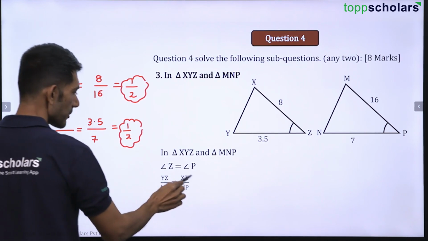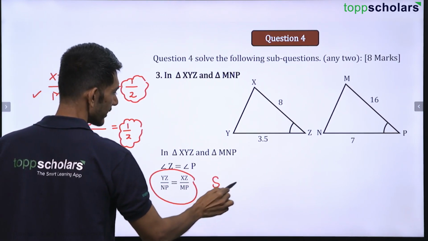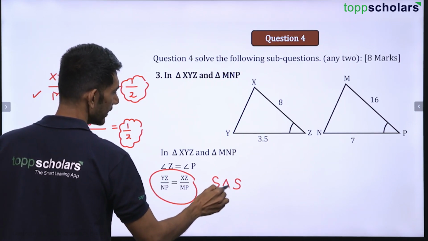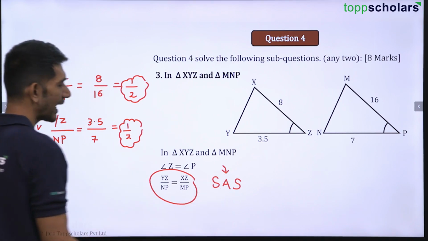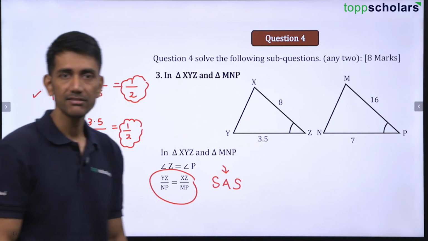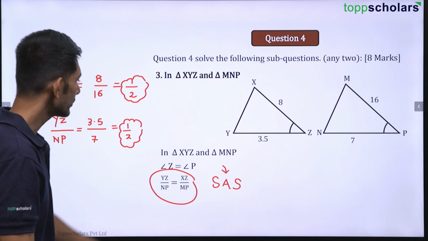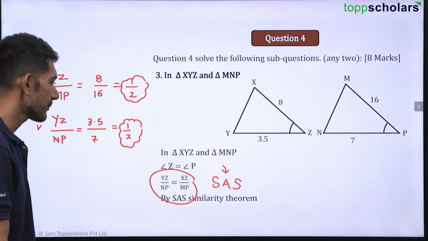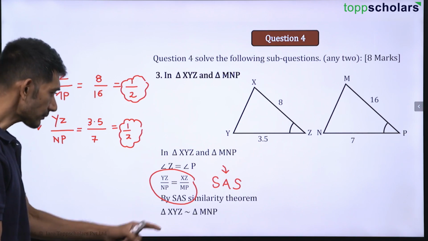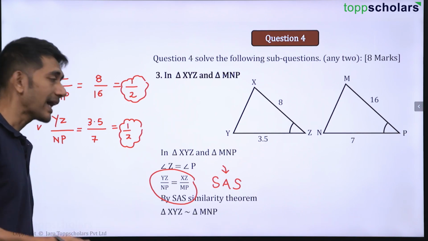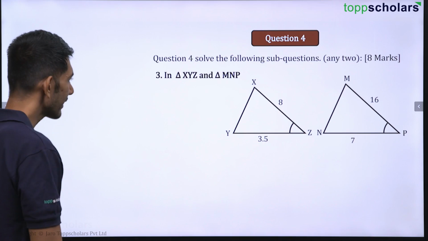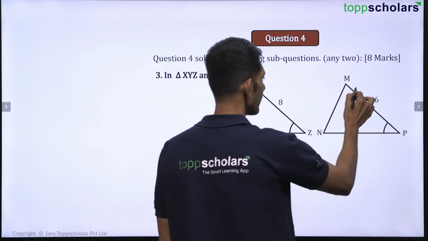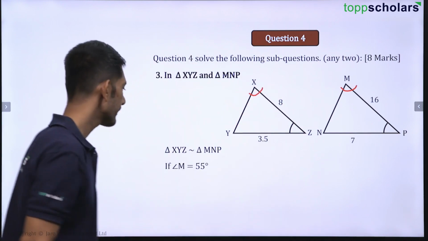So we can say that the two sides are in proportion and there is an angle in the middle, so the two triangles are similar by SAS test of similarity. And since the two triangles are similar by SAS test of similarity, we have proved the two triangles similar. And because the two triangles are similar now, if M is 55 degrees, can I say X is also 55 degrees?